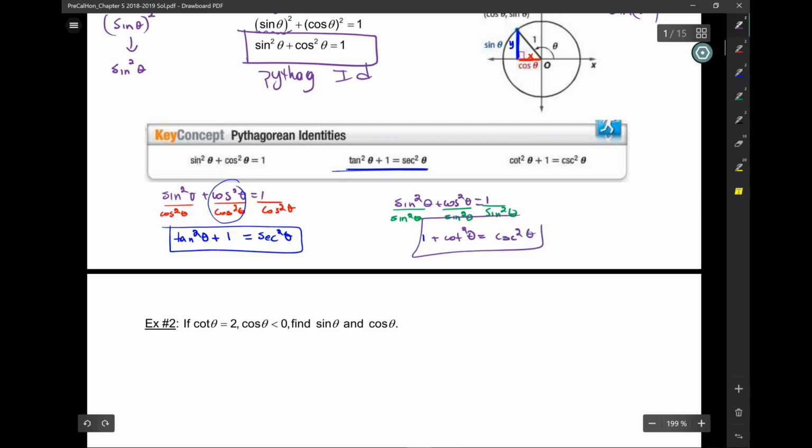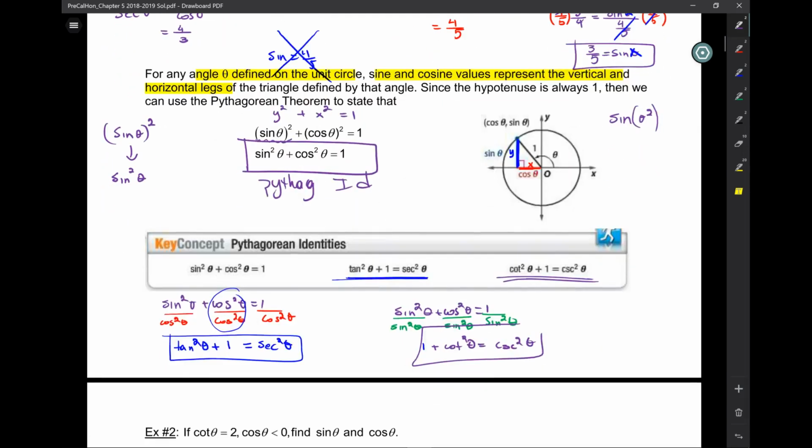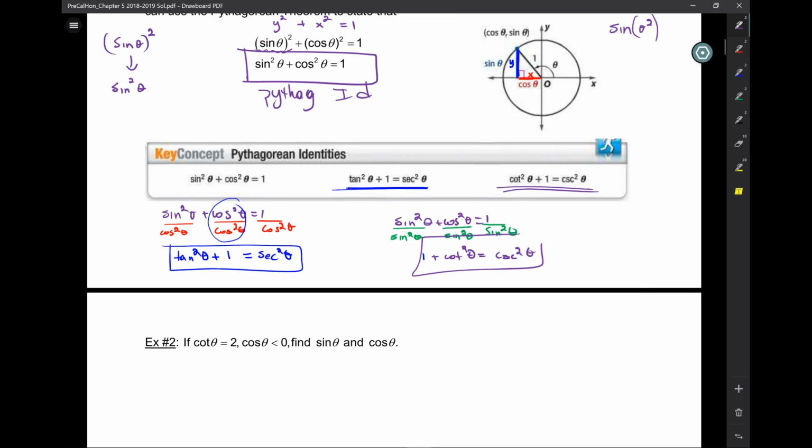And look, guys, that's the third Pythagorean identity. Okay? So there are three. This Pythagorean identity that we came up with based on a cute little triangle has two buddies.